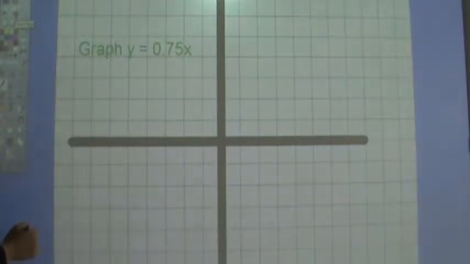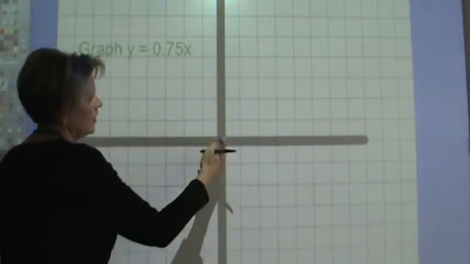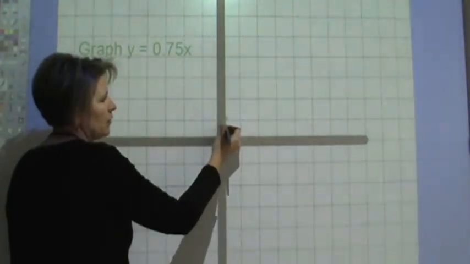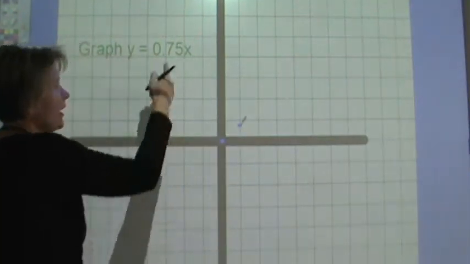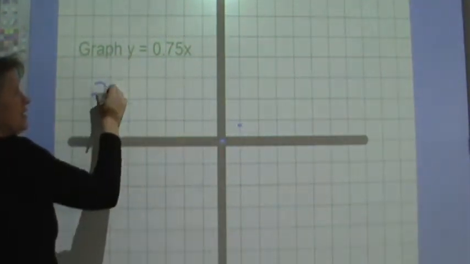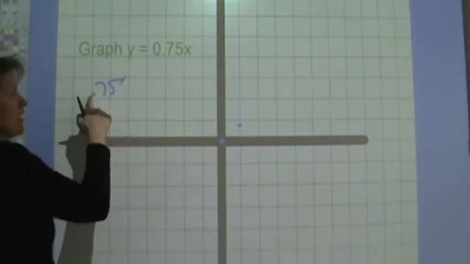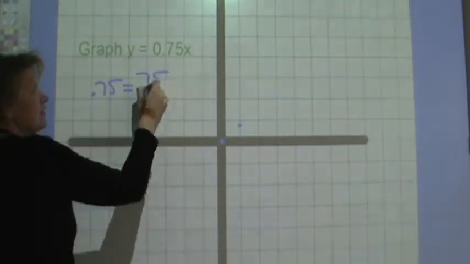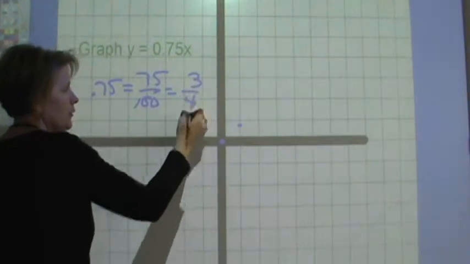All right, 0.75x. You could do this a couple ways. 0.75 is 75 cents, that's 3/4, right? So I could go up 3/4 over 1 and do an approximation, or I could change 0.75 into 3/4. The way it becomes 3/4 is this is 75 hundredths, which reduces to 3/4.